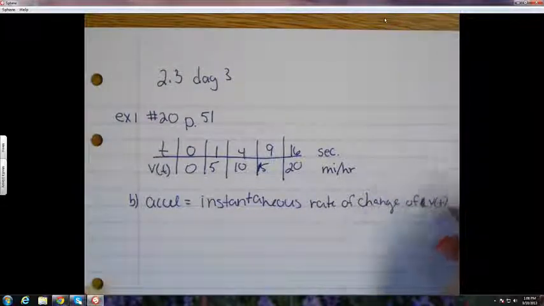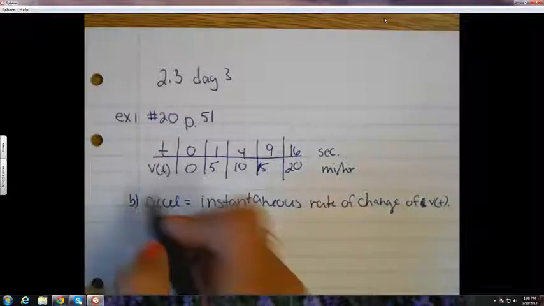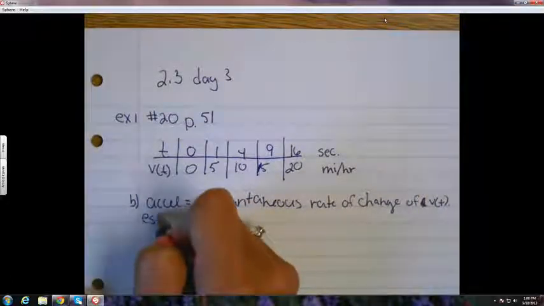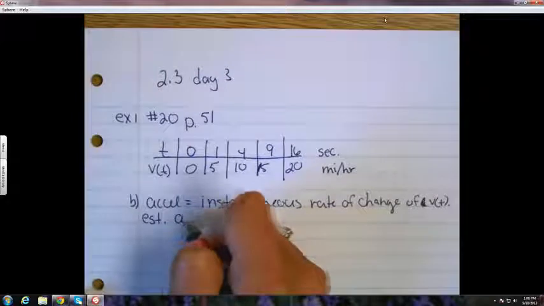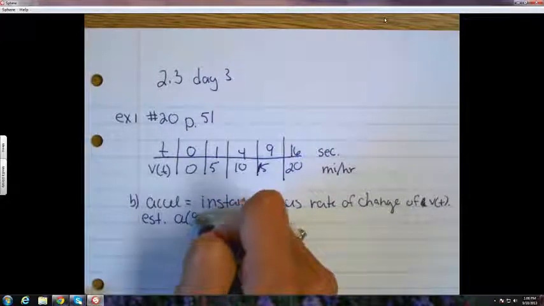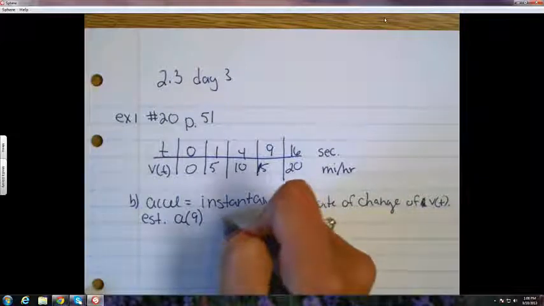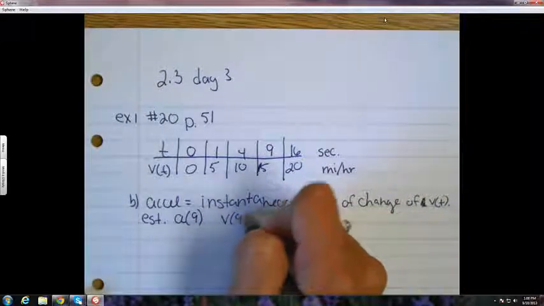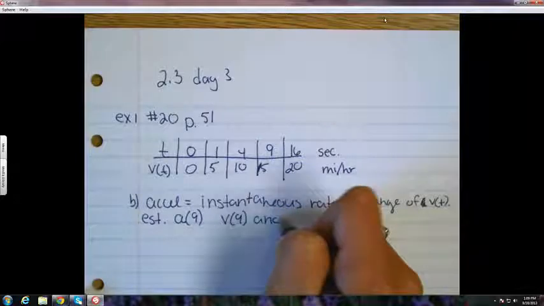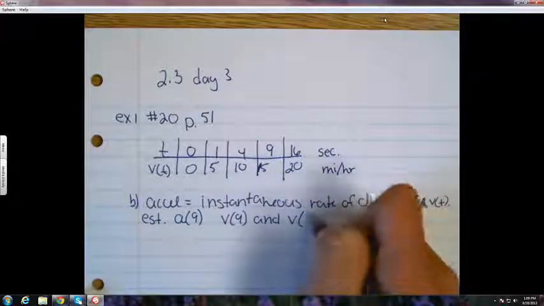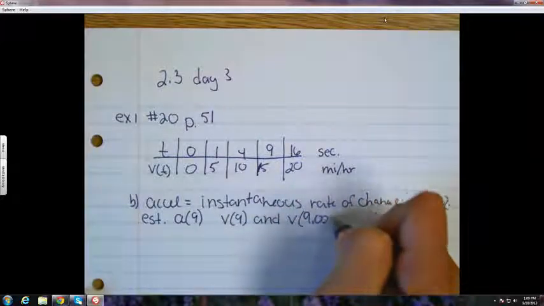Estimate acceleration at time 9 seconds by using velocity at 9 and velocity at 9.001.